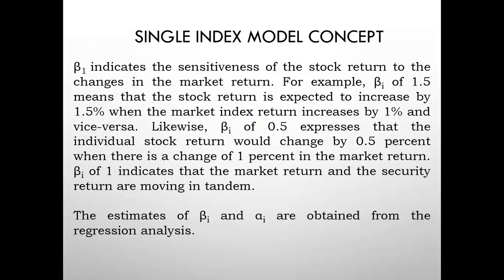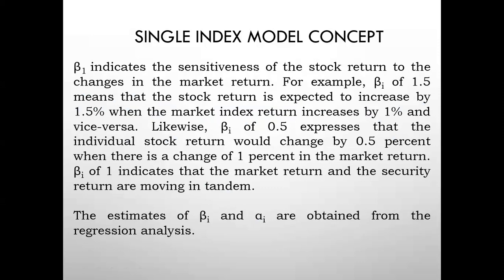Beta indicates the sensitiveness of the stock return to changes in the market return. For example, if beta is 1.5, the stock return is expected to increase by 1.5% when the market index return increases by 1%, and vice versa.